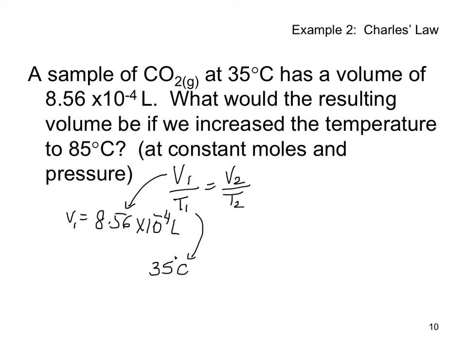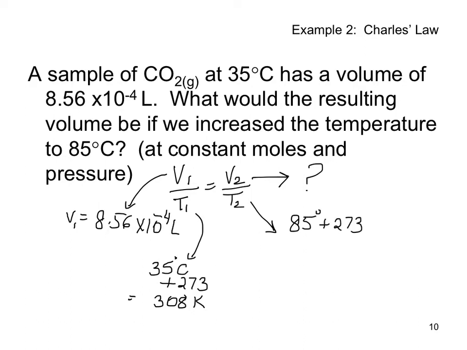Realize I just said a couple minutes ago that the temperature has to be in Kelvin, so you will need to add 273 to this. That will give you 308 Kelvin. Volume is what we are seeking, the final volume. And the final temperature is 85 degrees Celsius. Again, you will need to add 273 to that, such that we have 358 as the final temperature.